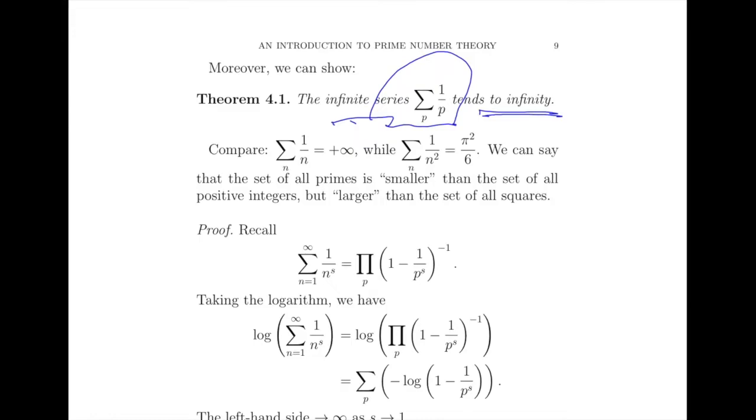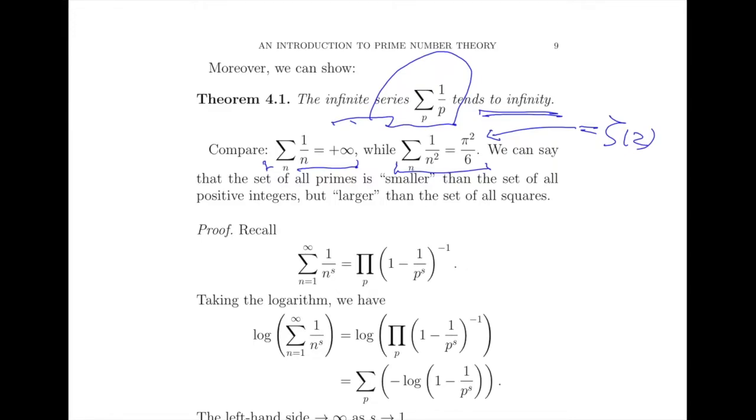For example, we already showed that the sum of reciprocals of all positive integers goes to infinity, but the sum of reciprocals of square numbers is equal to zeta 2, which I already mentioned is a finite number, pi squared over 6.